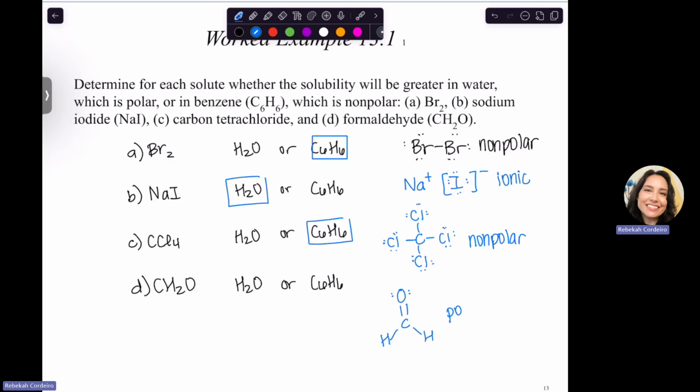And this thing is polar because we have a pull up, but we don't have anything pulling down. For the other one, we have a pull in all directions equally. Now, it's not technically this T shape, right? It's a 3D tetrahedral shape. But this one would go with water because it's polar. So simple, just keep it simple. Don't try to overthink it on a test question like this. Just polar versus nonpolar.